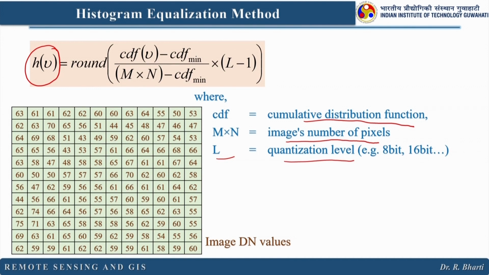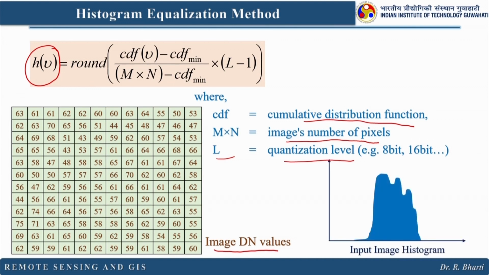This is one example I am going to show the solution for, where we have an image with DN values, and the histogram appears something like this. Now, when we have this image and this histogram, how will we apply this particular formula, right?